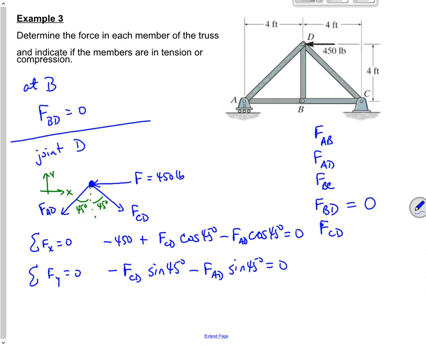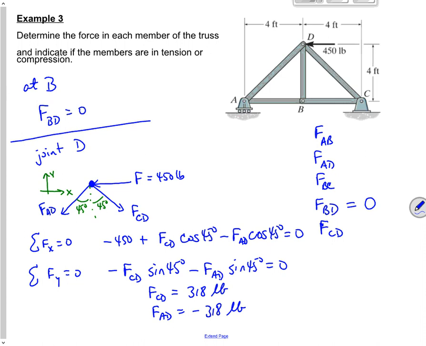And then we solve. If we solve all this, what we find is FCD is 318 pounds, and FAD is minus 318 pounds. That minus sign tells me that the arrow on FAD is the wrong direction.